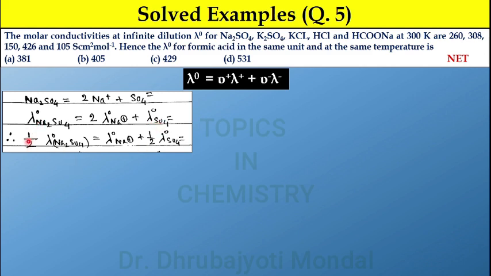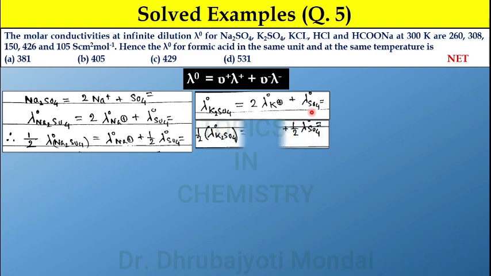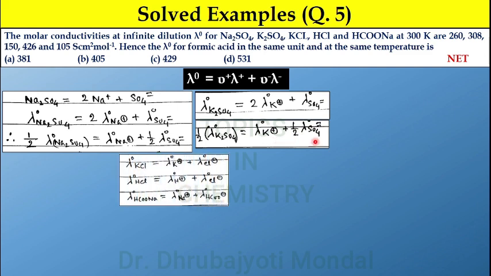So you can write half of lambda 0 Na2SO4 is equal to lambda 0 of Na plus plus half of lambda 0 of SO4 2 minus. Similarly, you can write lambda 0 K2SO4 is equal to 2 lambda 0 K plus plus lambda 0 SO4 2 minus. So again you can write half lambda 0 K2SO4 is equal to lambda 0 K plus plus half lambda 0 SO4 2 minus.